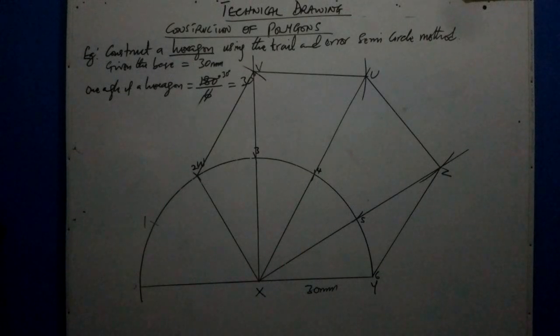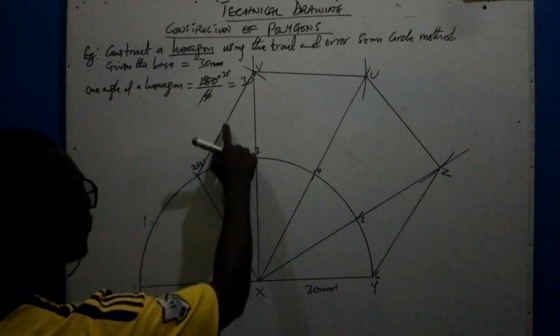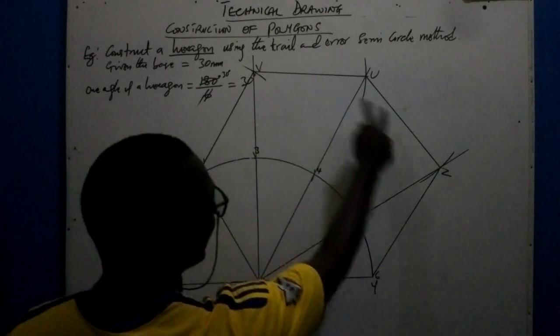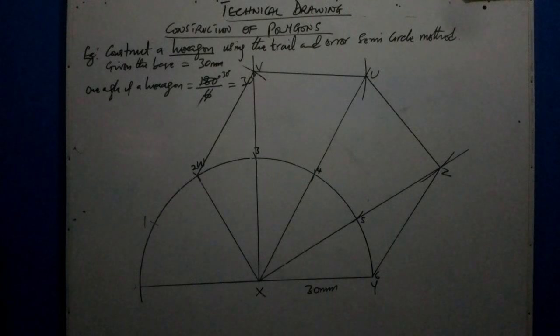Means that here we have our 1, 2, 3, 4, 5, 6. So we have gotten our hexagon.